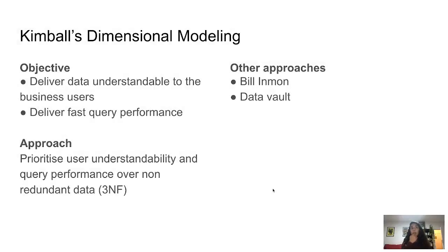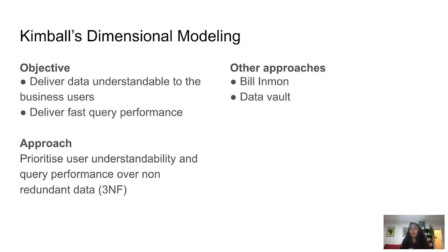Let's review some of the concepts around Kimball's dimensional modeling. The objective here is to deliver data that is understandable to the business user, but also trying to deliver fast query performance. And like the third normal form, here with Kimball's dimensional modeling, we're not going to be prioritizing the fact that data must only appear once.